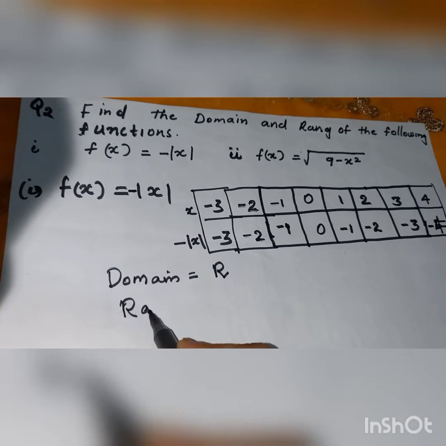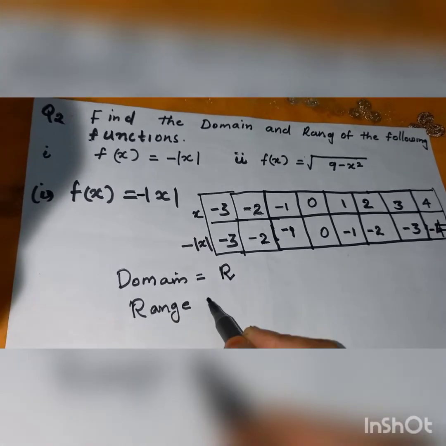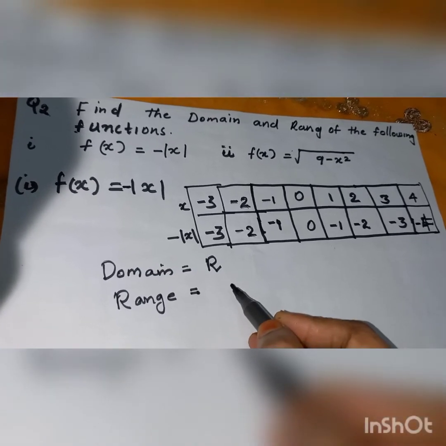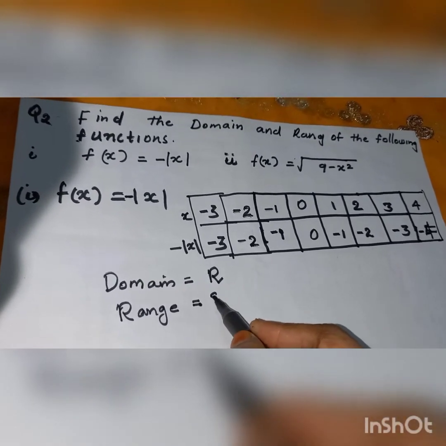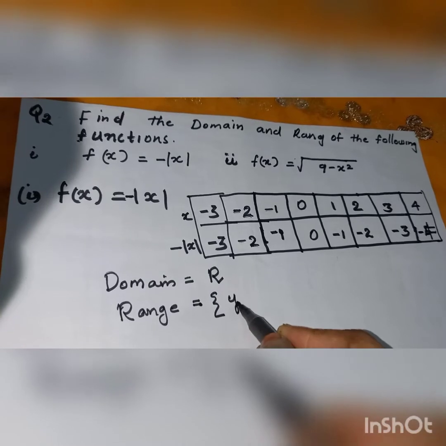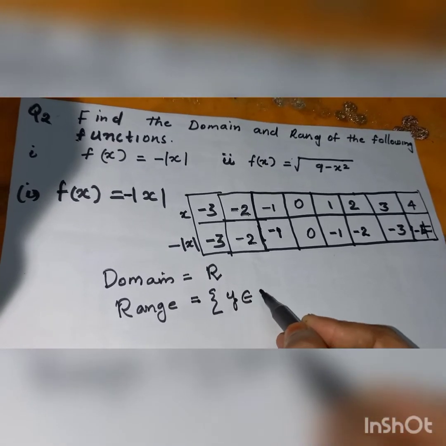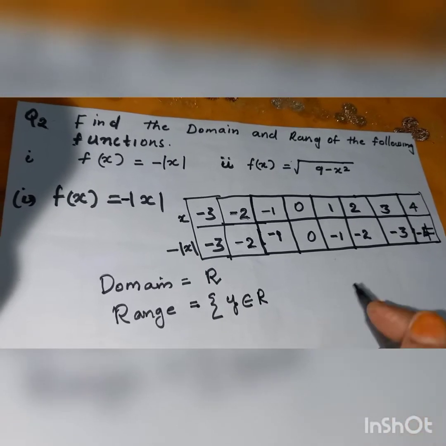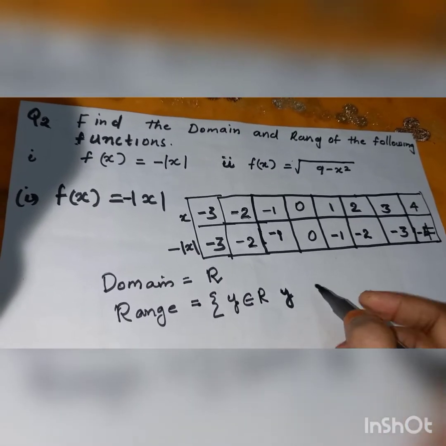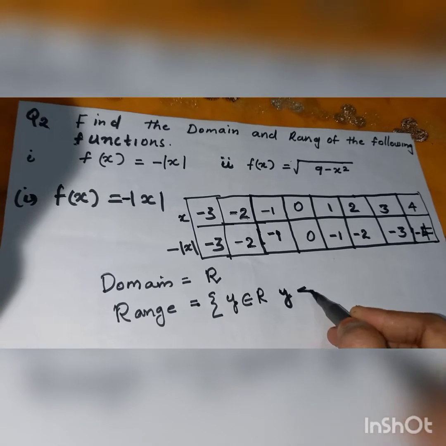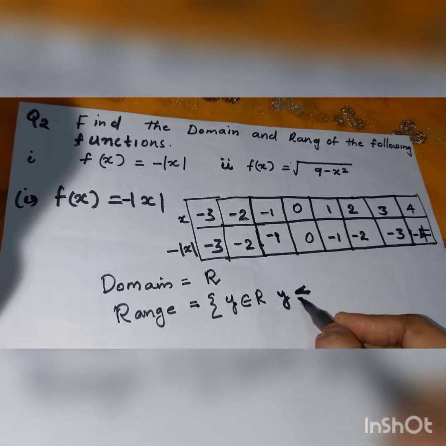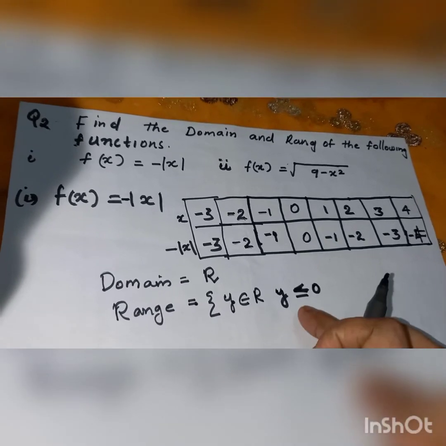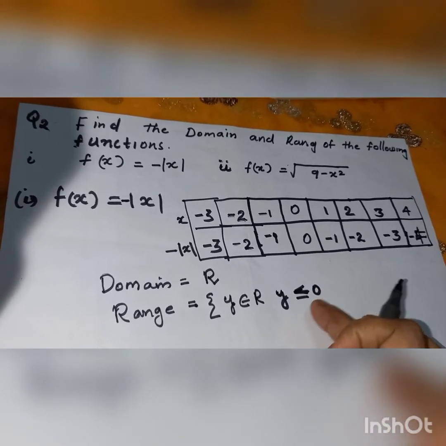Range is equal to y belongs to real numbers, but one condition is there: y is less than or equal to 0. This is the condition. y belongs to real numbers, but y is always less than or equal to 0.